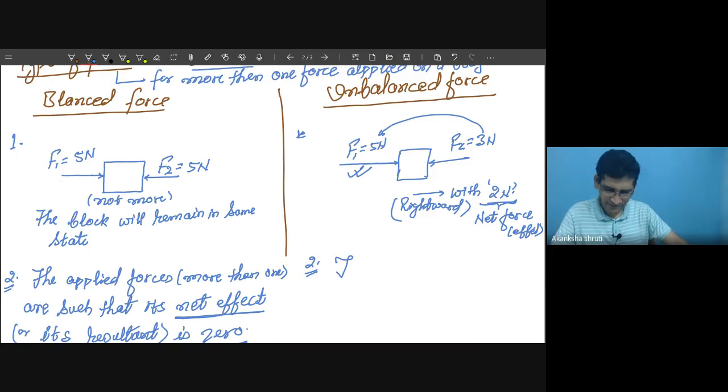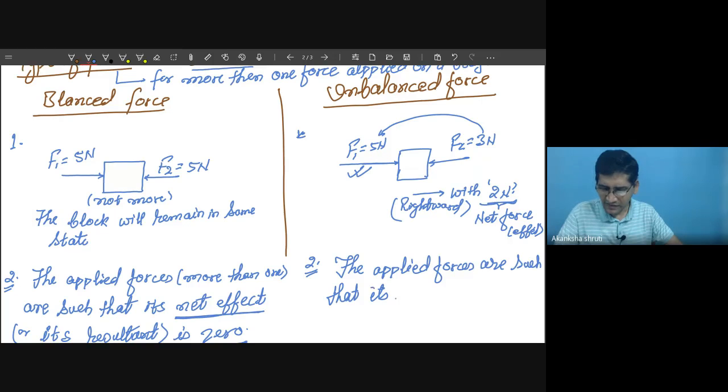So write, students: the applied forces are such that their net effect, or resultant, is not 0.